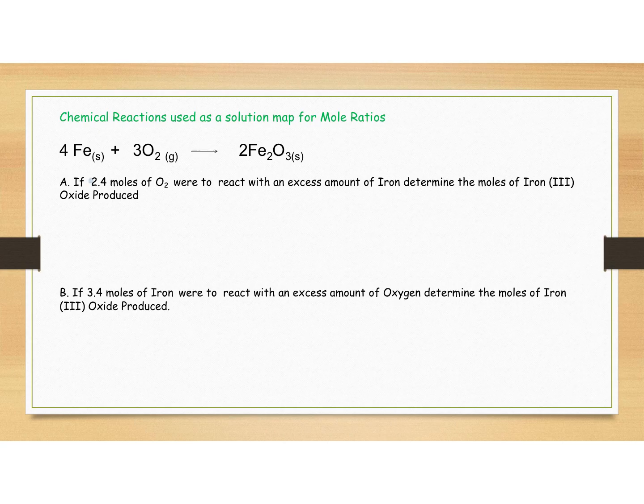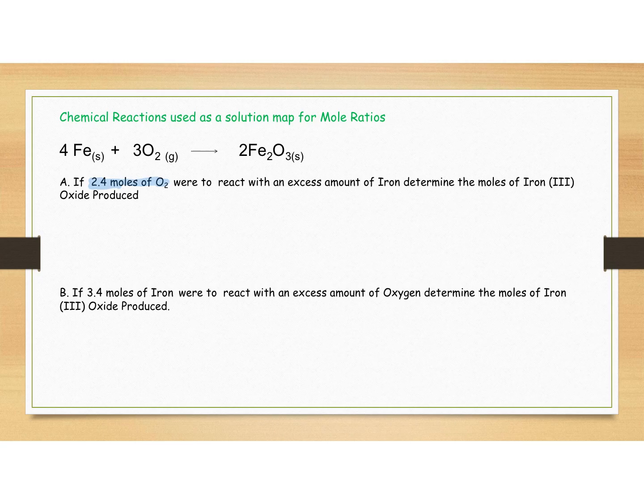If 2.4 moles of O2 were allowed to react with an excess amount of iron, determine the moles of iron 3 oxide produced. What is that problem asking for?